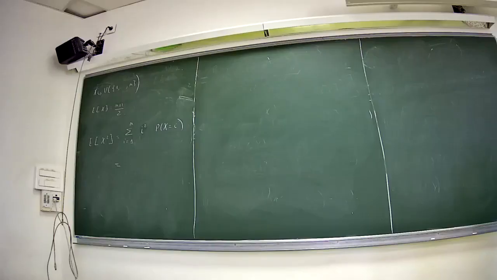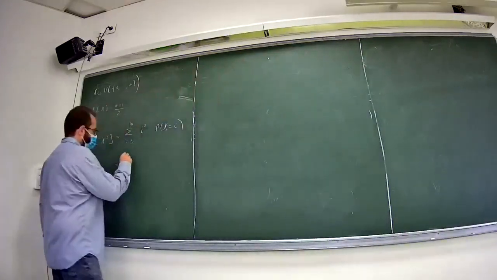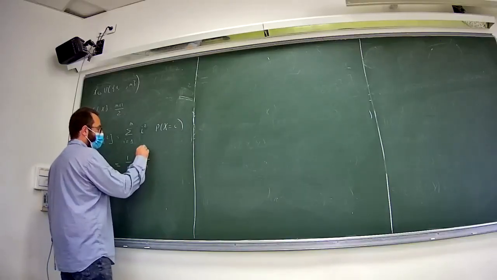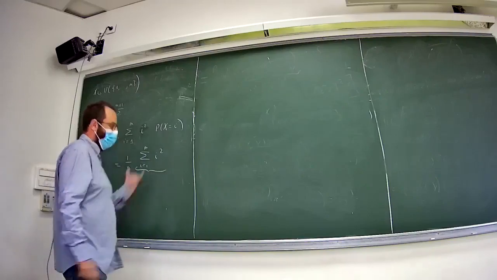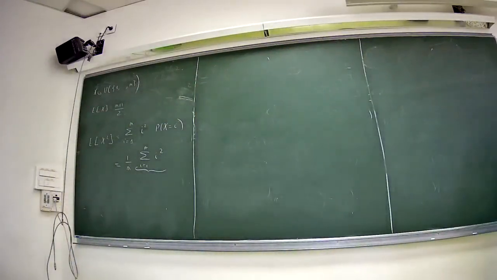What is the probability that x is equal to i? 1 over n. I am uniform on a set with n elements. Do you remember what the sum of the squares is? The sum of the first n squares. There is a classical formula for this one.